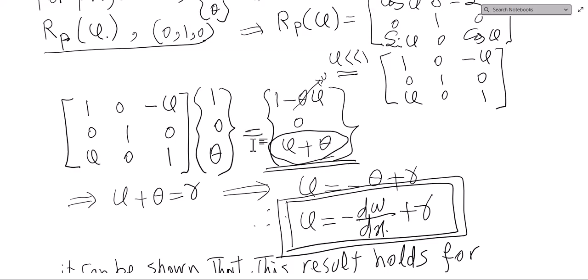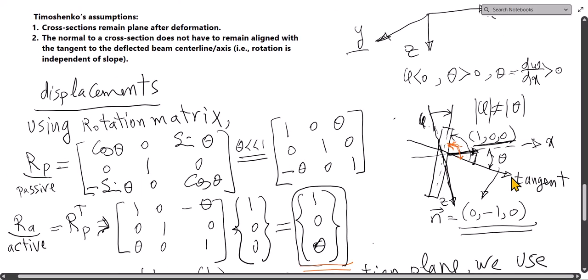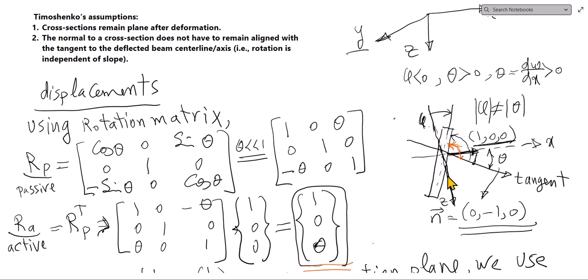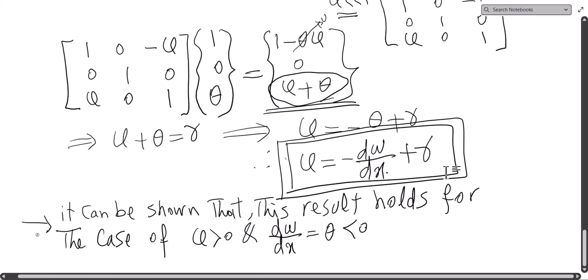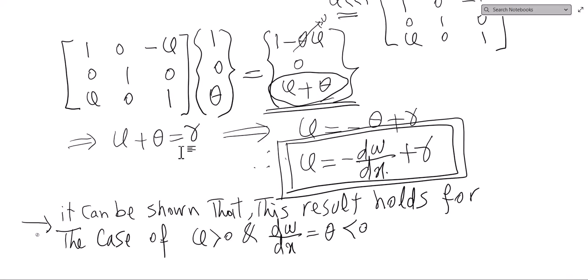This phi plus theta is the key consequence of the assumption that Timoshenko makes in relation to the freeing up of the tangent or the slope at a given point and the rotation of the cross section. They are independent from each other, but they're related. So this is gamma, which, we will show, is basically the shear strain for that component.